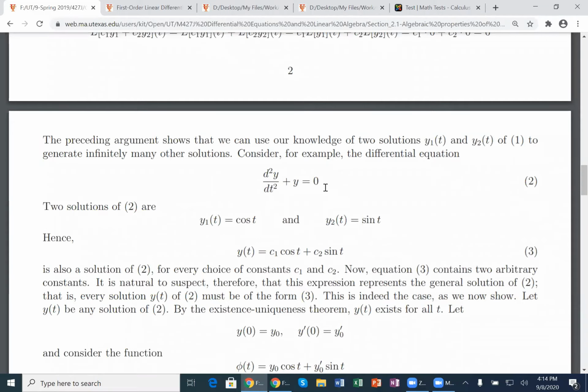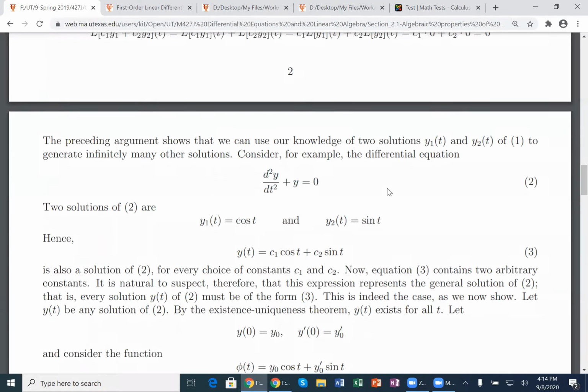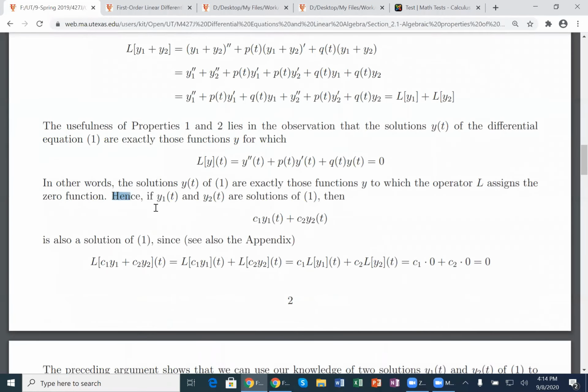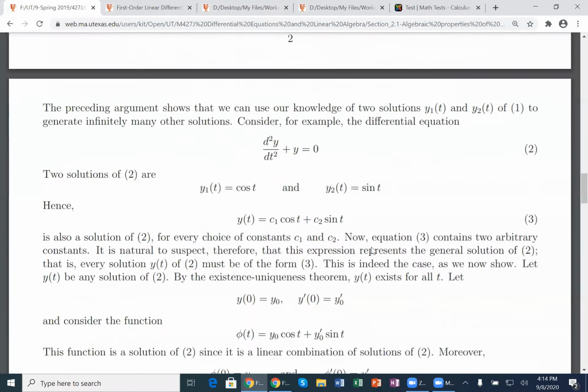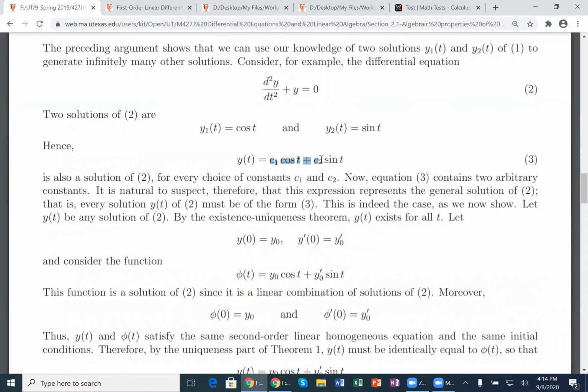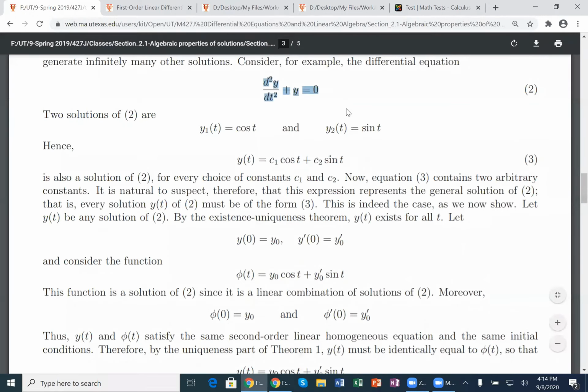In the same way, we show that sine is also a solution of this. So, both cosine and sine are solutions of this equation. Therefore, according to what we just discussed, any linear combination of them is a solution of this equation again.